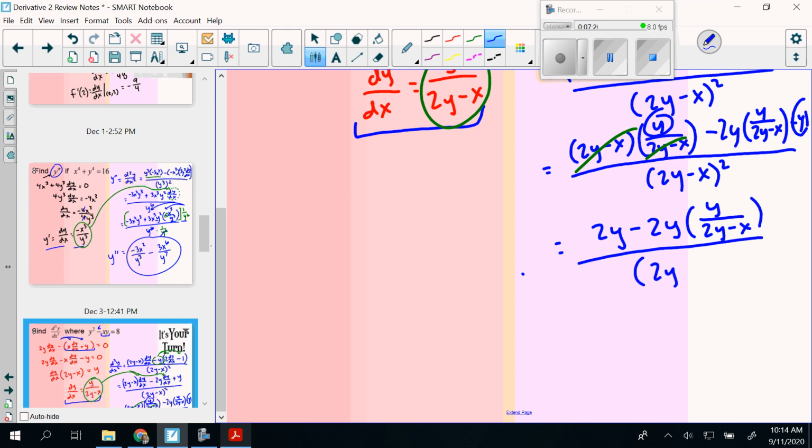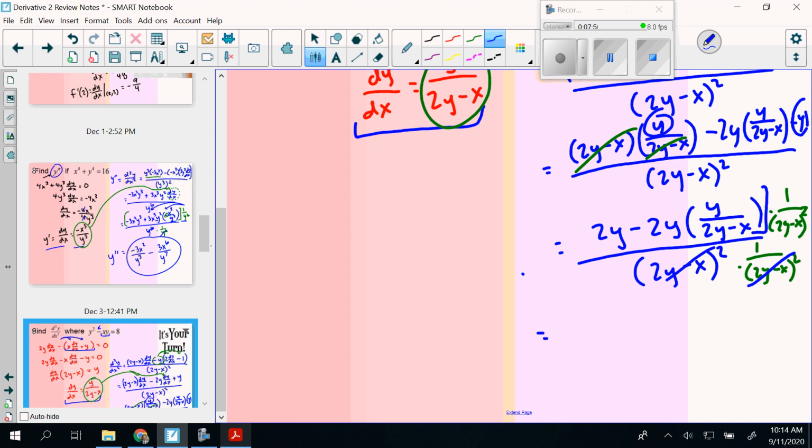At this point, again, I don't know how far they're going to want you to simplify this. This is pretty good. It probably shouldn't leave a fraction over a fraction again, so we could try to simplify that by multiplying by the reciprocal and doing some stuff like that. But that's the main point, that you're looking to substitute back in once you have that first derivative. Here these cancel.